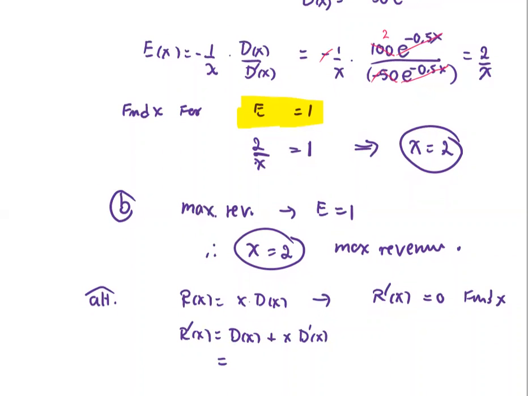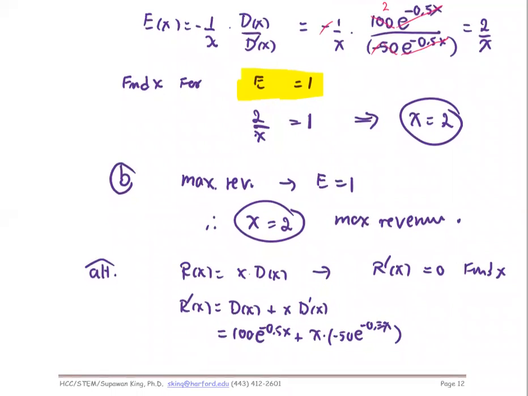D(x) is 100 times e to the negative 0.5x plus x times D prime, which is negative 50 e to the negative 0.5x. More work to do. We see the common factor 50 e to the negative 0.5x, and we have 2 minus x in the parentheses. And this is R prime.